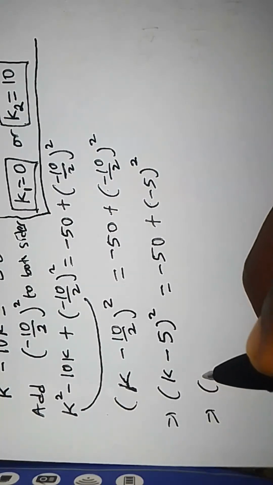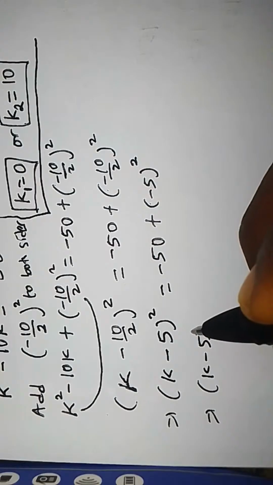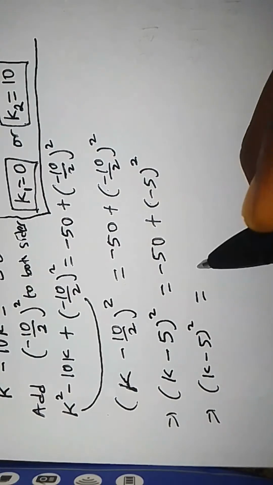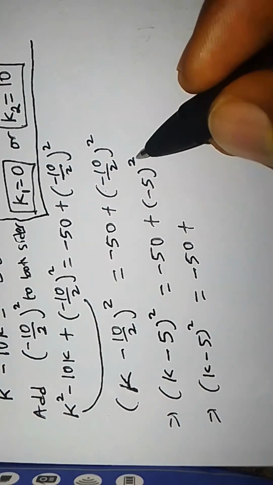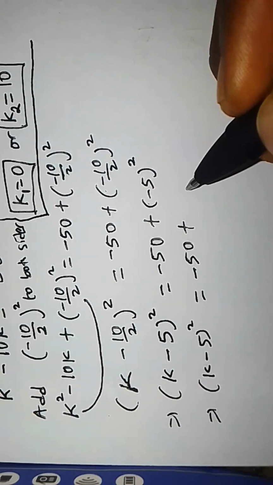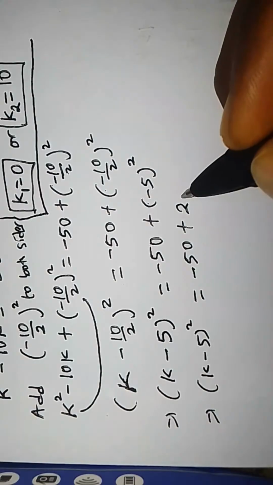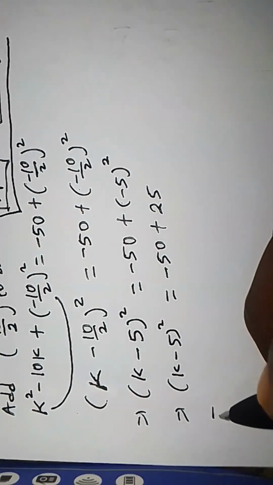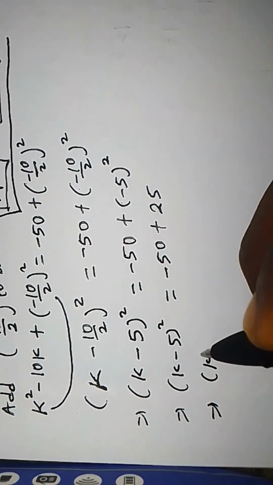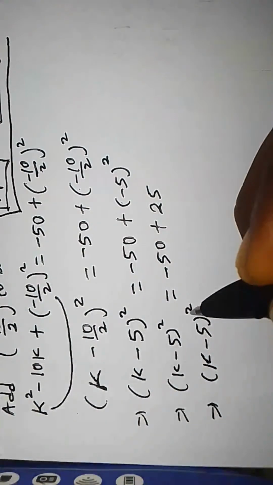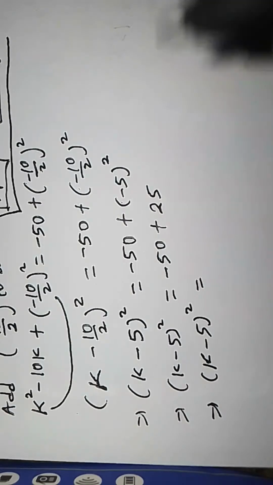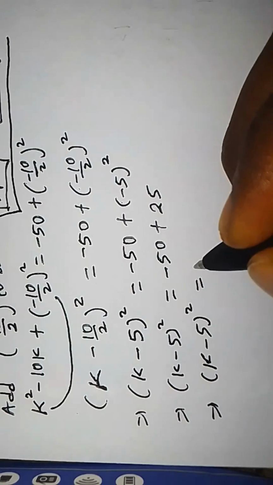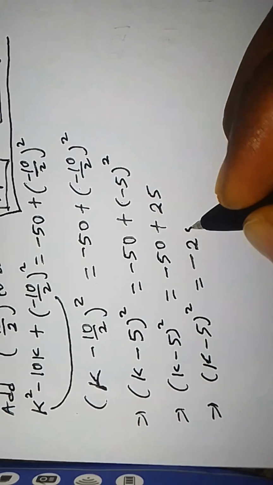This means that (k minus 5) squared is equal to minus 50 plus (minus 5) squared, that is minus 5 times minus 5, which is plus 25. This means that (k minus 5) squared is equal to minus 50 plus 25, that is minus 25.